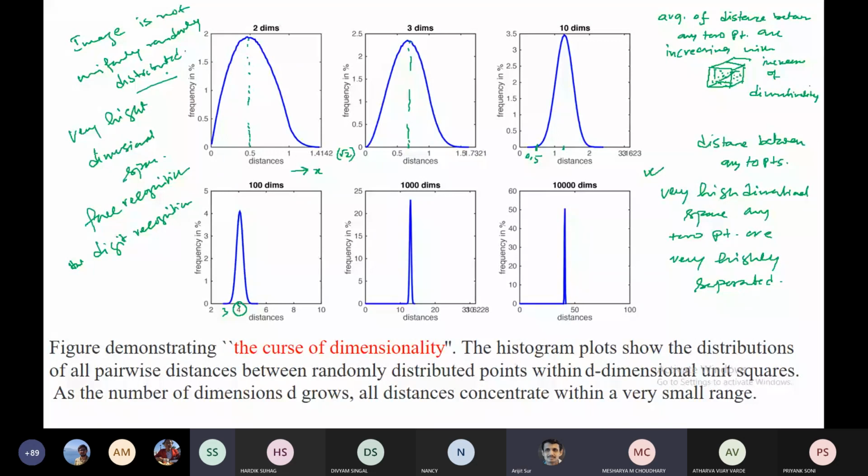We don't know the image distribution, the face distribution, or the handwritten digit distribution, and it is not required. But since the data somewhat follows a distribution, it is possible to represent the data points in some submanifold or subspace of lower dimension. If you find this dimension, you are done. You can analyze this very easily.